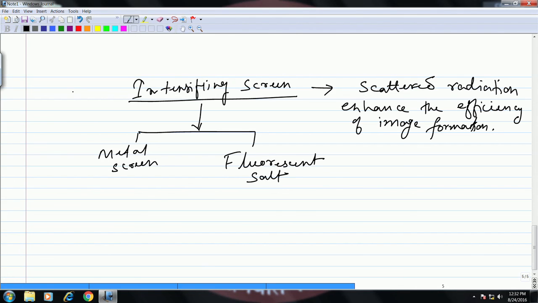After that we discussed image quality, and the parameters which control the image quality. We learned that certain parameters come from the X-ray source.